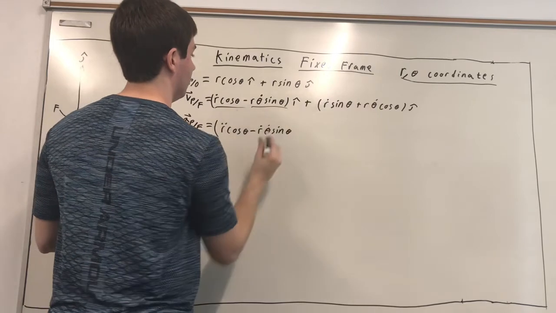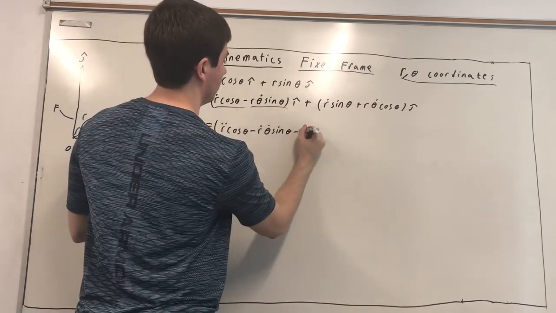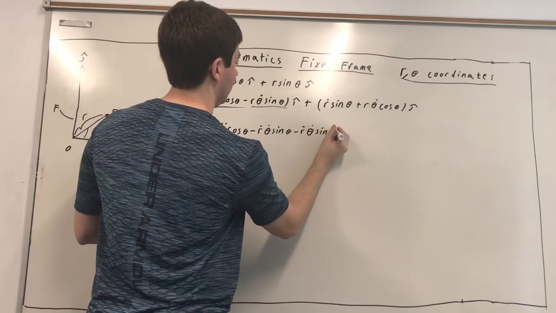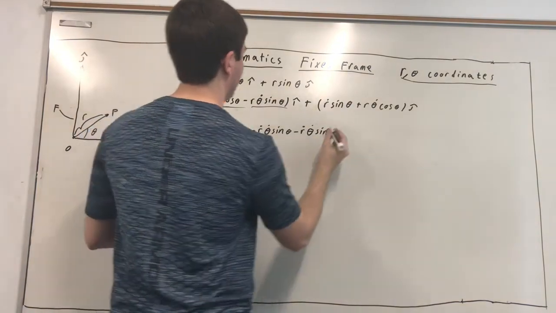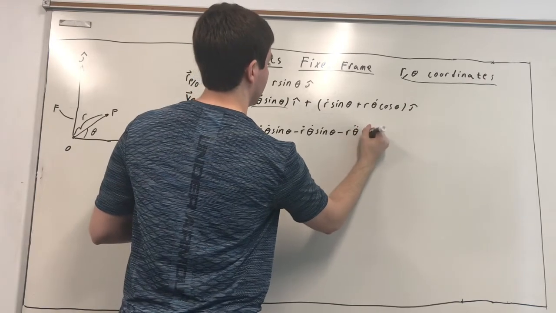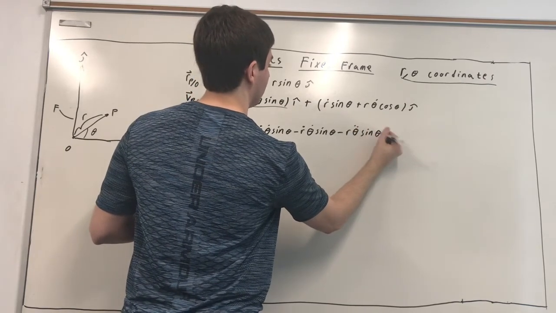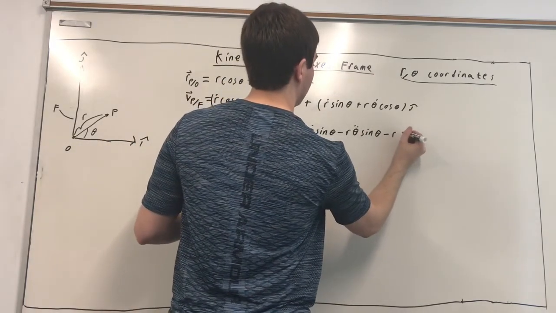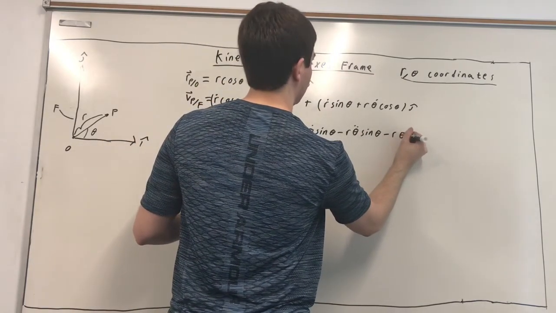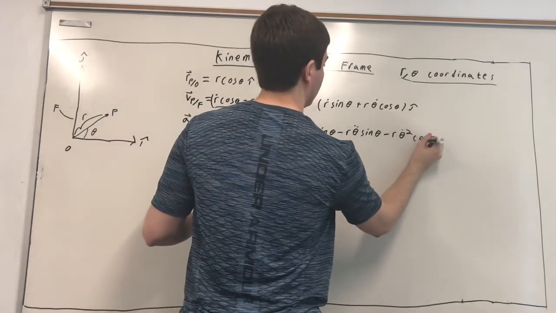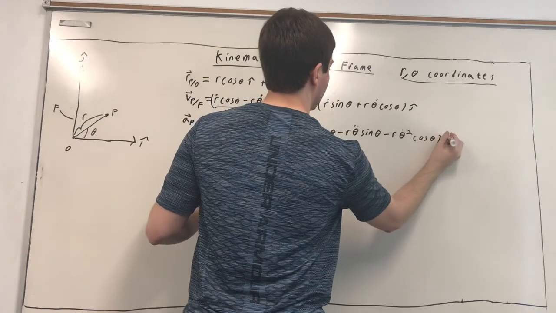Now we'll move on to this. You have minus r dot theta dot sine theta minus r theta double dot sine theta minus r theta dot squared cosine theta times i hat.